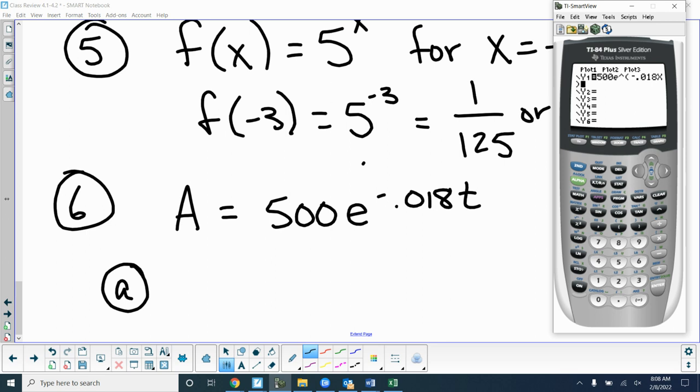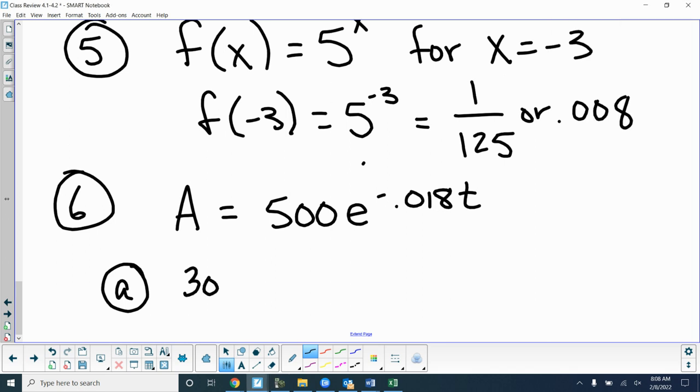Okay? So when I go to my table, at 0 is 500, 0 minutes. After 1 minute, it's 491 milligrams, and we're going to look for a 302, right? We're looking for when it's down to 302.